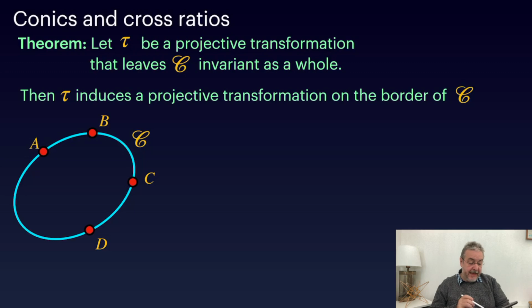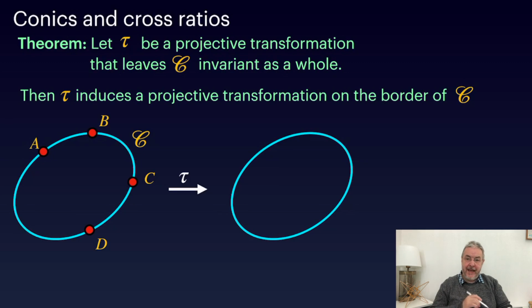So to see that, take a conic, take 4 points on that conic, and take a projective transformation tau, which should map the conic to itself. So this picture here, you have to take it not completely literally. I've drawn 2 separate pictures, one for the original conic and one for the mapped conic, but you should assume that those 2 parts of the picture really overlap, so that they really are the same conic in each picture.